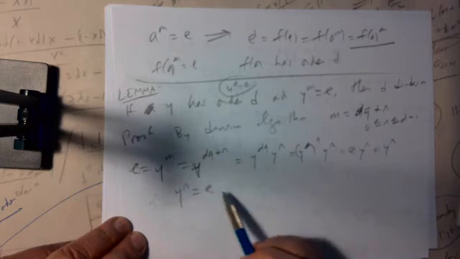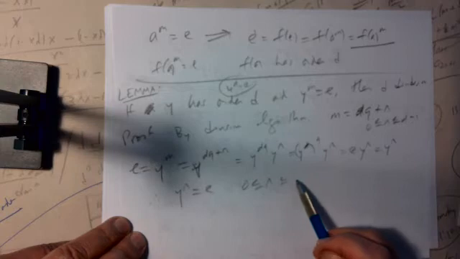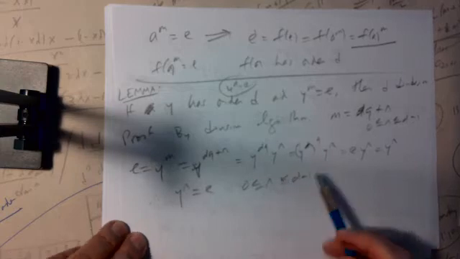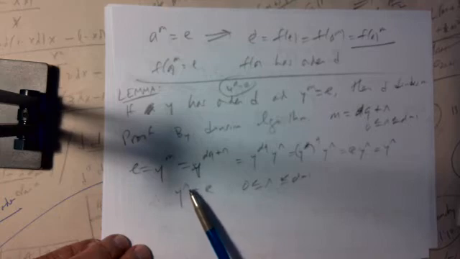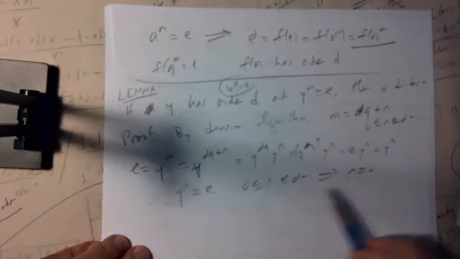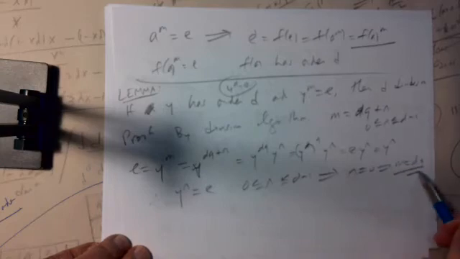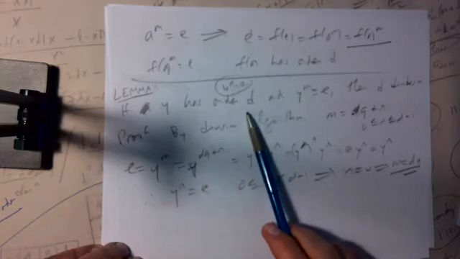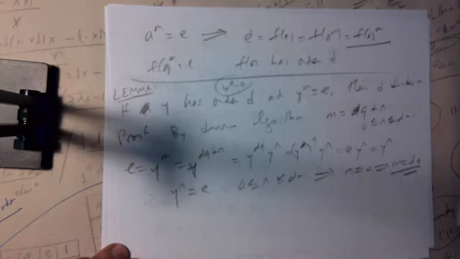So y to the r is the identity, but r is a non-negative integer strictly less than d, and d is the smallest positive integer such that y to the d is the identity. So r has to equal 0, which means m equals dq. So if an element has order d and y to the m is the identity, then d divides m.